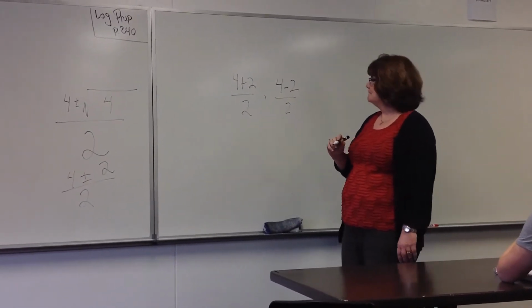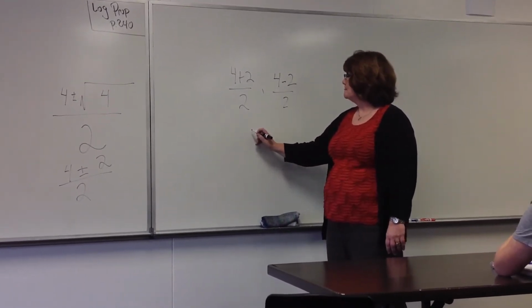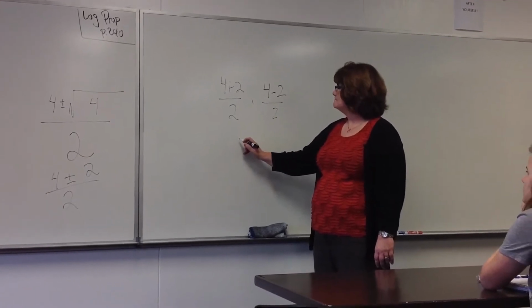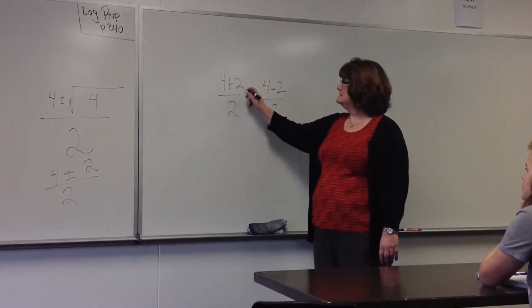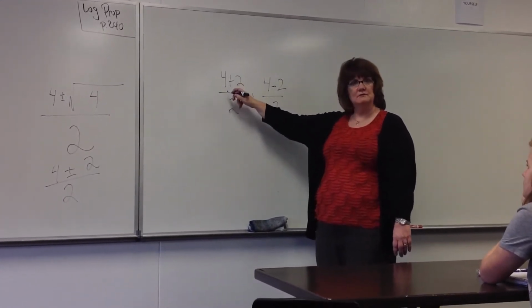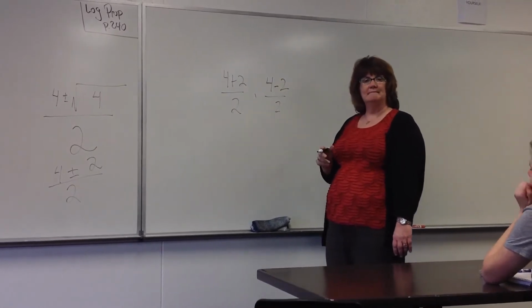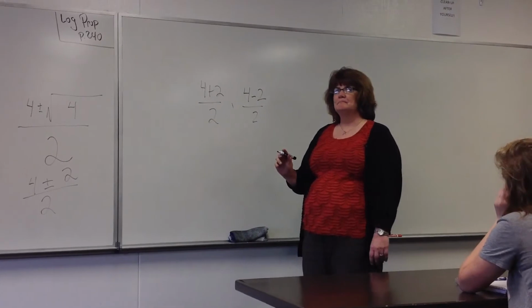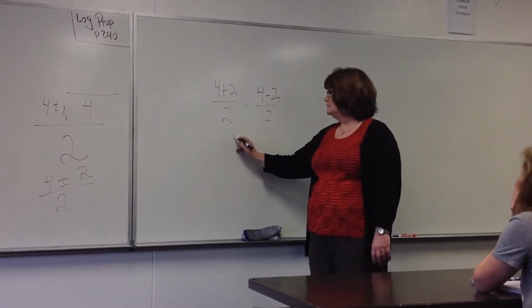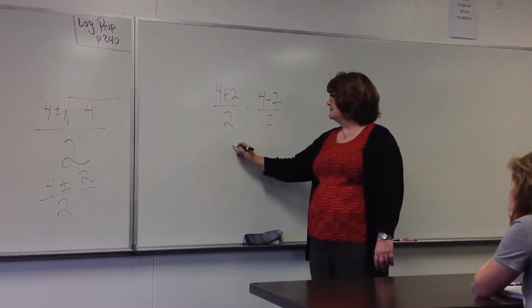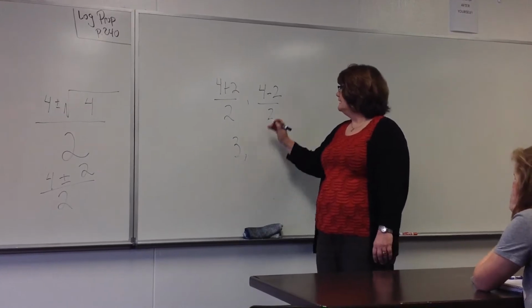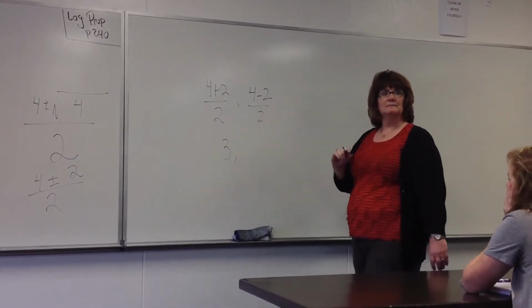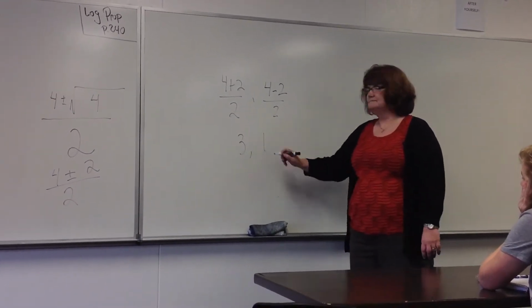What do you get, do you add the top? Yes, so it'd be 6. So 6 over 2, which turned into 3. Good. And then 4 minus 2 over 2, that's 1. Beautiful.